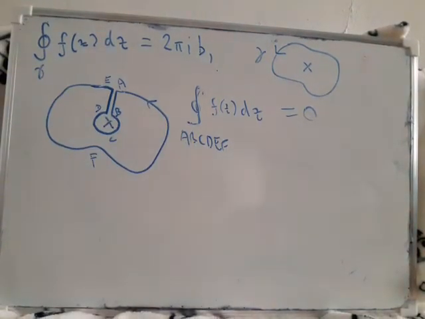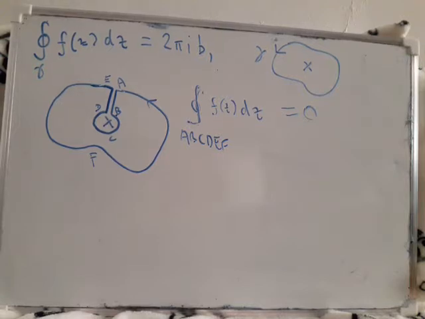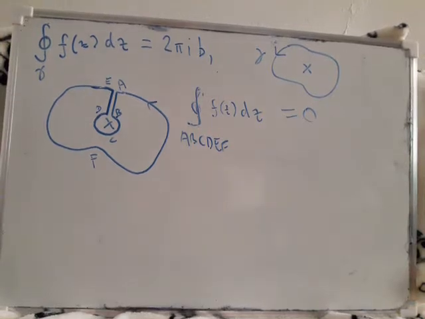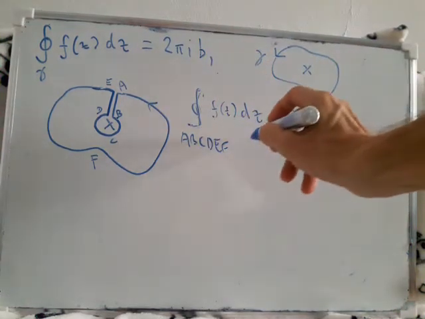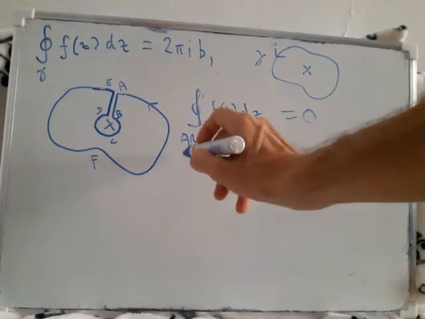You can sort of divide it up into sections. So we've got the bit from E round to A. So I'll then write this thing here.